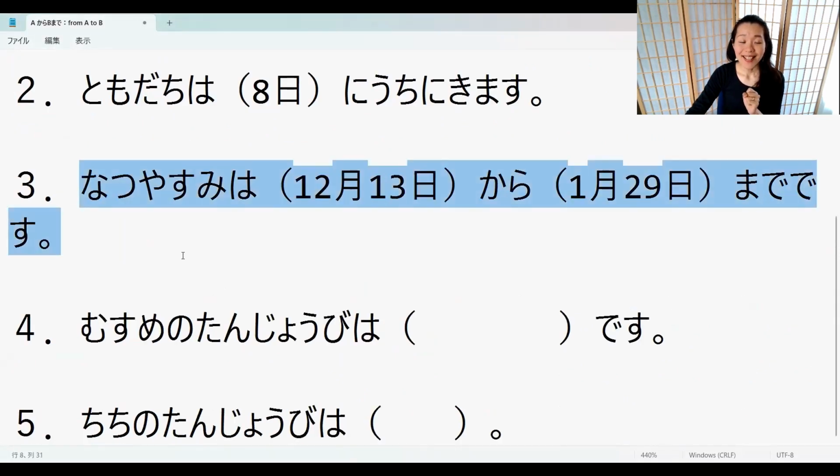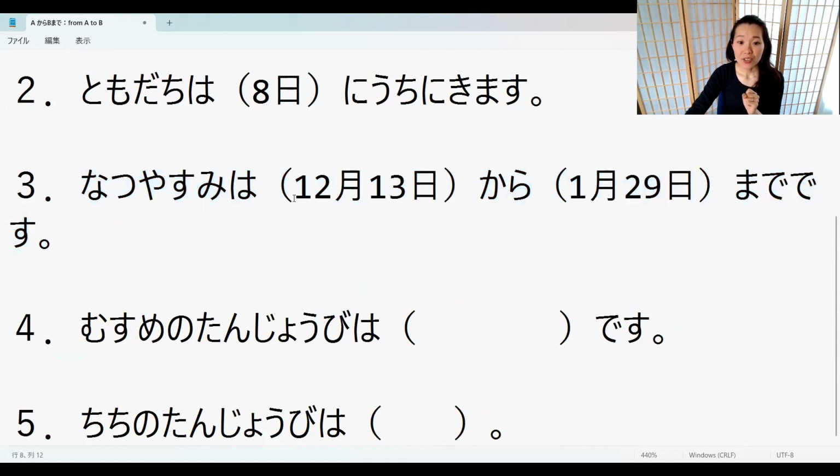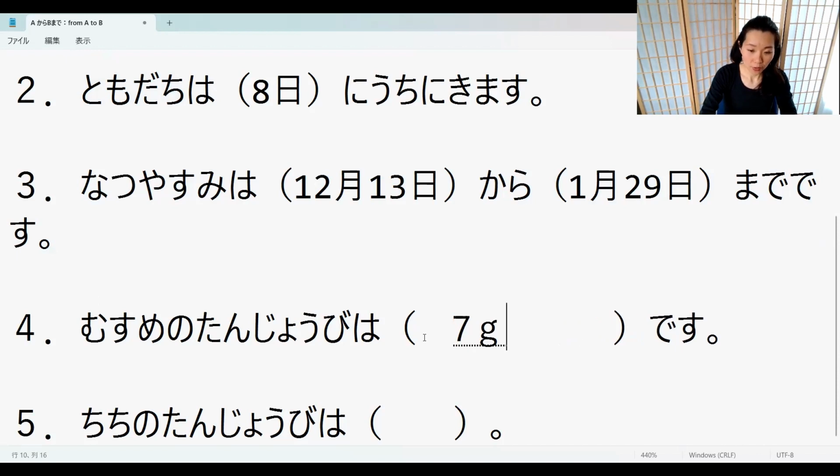Repeat after me. 夏休みは12月13日から1月29日までです。はい。OK。じゃあ次4番ね。娘の誕生日は, so I said 7月2日. So we learned the date.